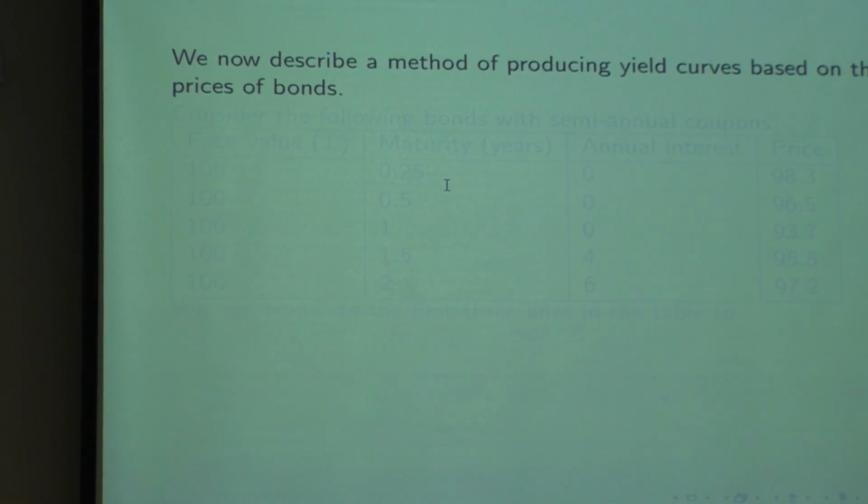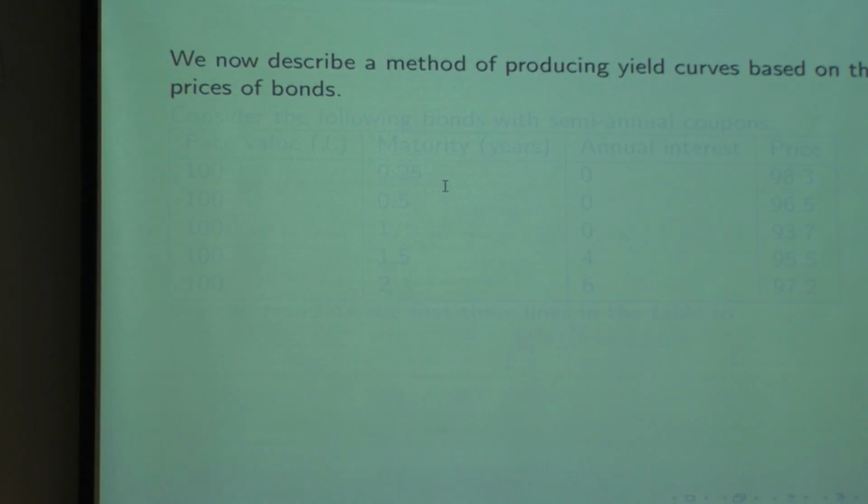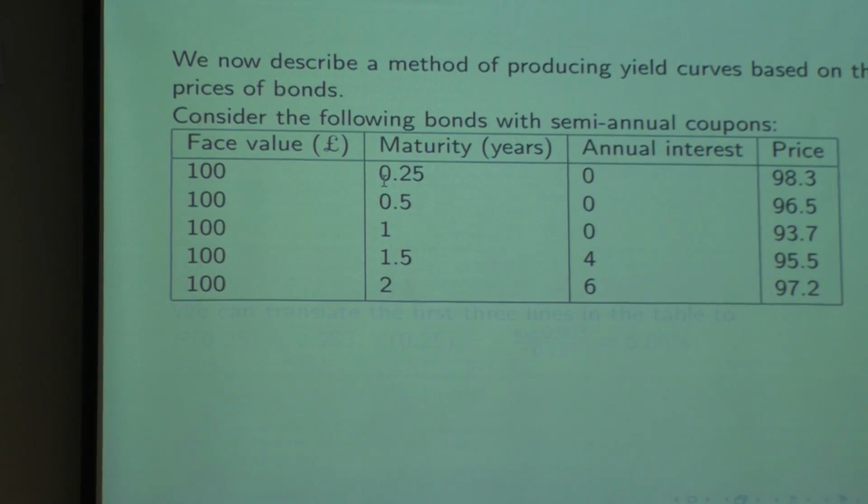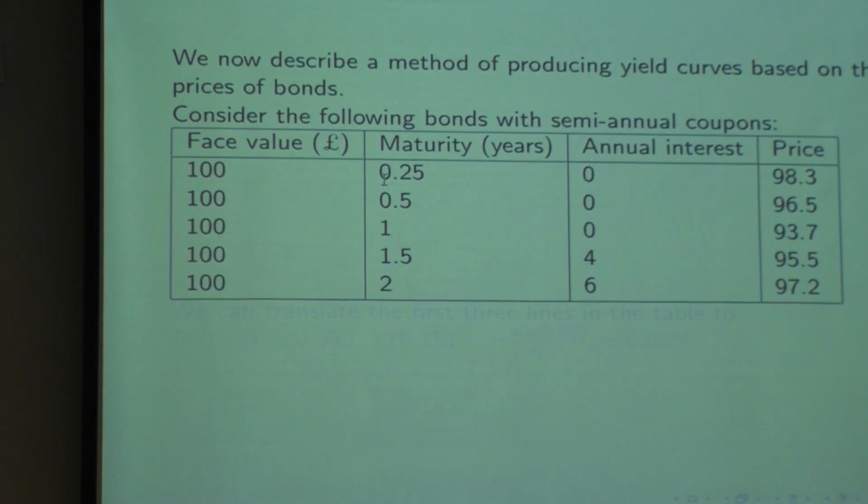In practice, you use many various different kinds of data which have to do with bonds, prices of bonds and interest rates. I'm going to show you a very simplified example of that. So in this example, we're going to look at prices of bonds. We're looking at collections of bonds which have semi-annual coupons.